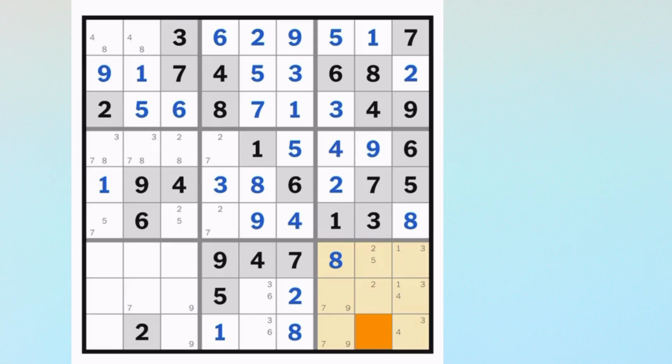Then 5 is likely in these 2 cells. Similarly, 6 can appear in all these 3. 7 is already there, 8 is already there, 9 is already there. So if you look at this column, 2, 5, 6 are the missing numbers, and in this column 1, 3, 4 is the missing numbers. Okay. So then we come to this last block for posting.